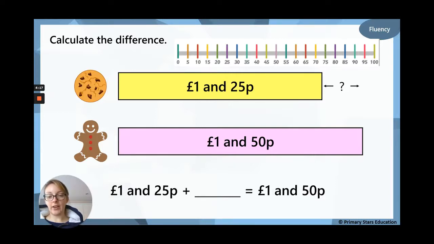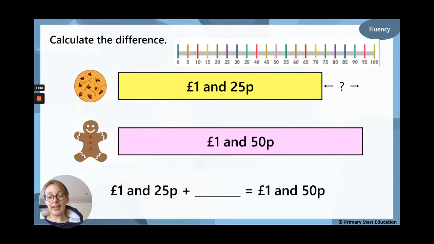So we need to find the difference. So again, I've got my bar models showing the two different amounts, and the little line here in the question mark is showing the difference that we need to calculate. And again, my number sentence, so £1 and 25p add something will equal £1 and 50p. So this is the part that we need to try and work out the difference.